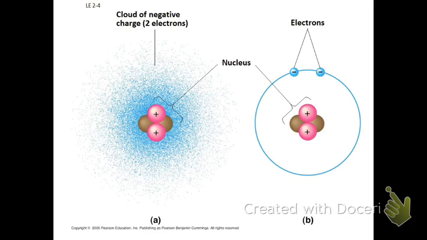Now, there are a few subatomic particles that you have to know here. When we think about these, we think about things like protons. And when we think about protons, they're going to be found right here inside the nucleus. They carry a positive charge, and the number of protons will never change in the element.